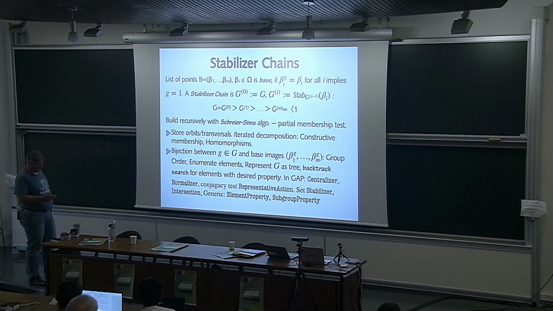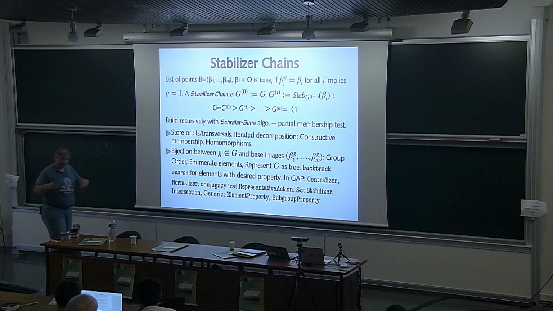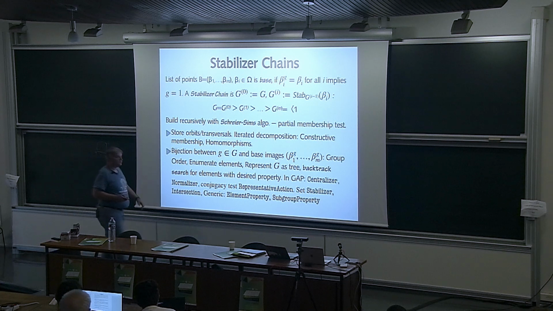So what we get is not just these subgroups. In each case, we get the orbit of the i-th base point under the (i-1)-st group in the chain, and we get the corresponding transversals.